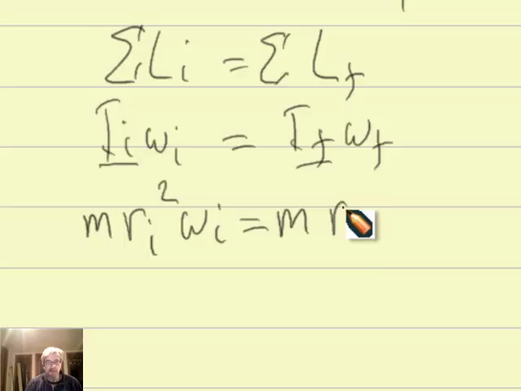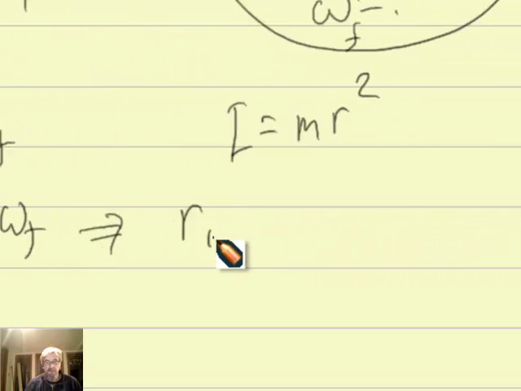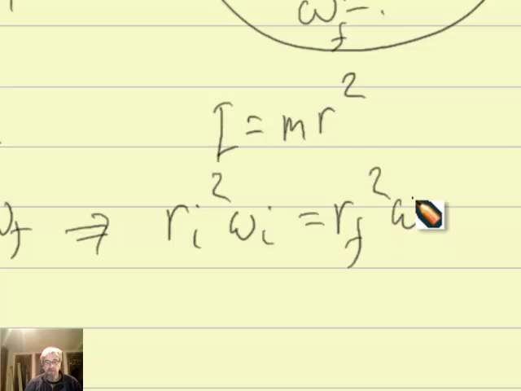So afterwards, it's m times r final squared times omega final. And here's why it didn't matter that we don't know mass, because mass just drops out of this equation. So we get this new equation that says initial radius squared times initial angular velocity is equal to the final radius squared times the final angular velocity.